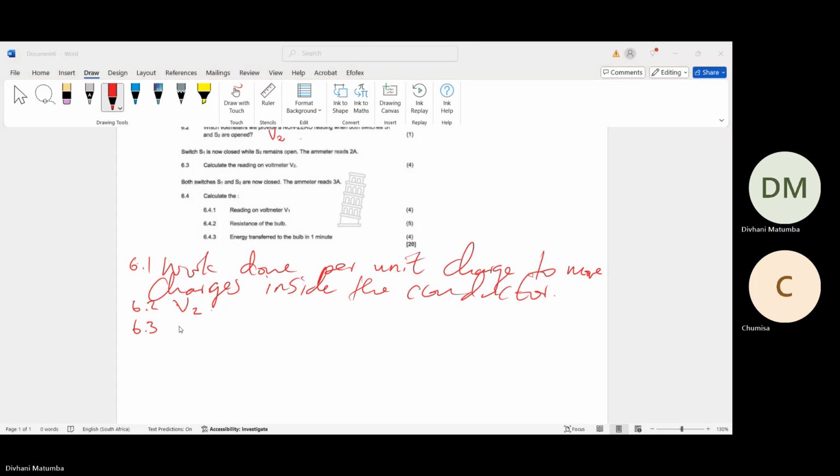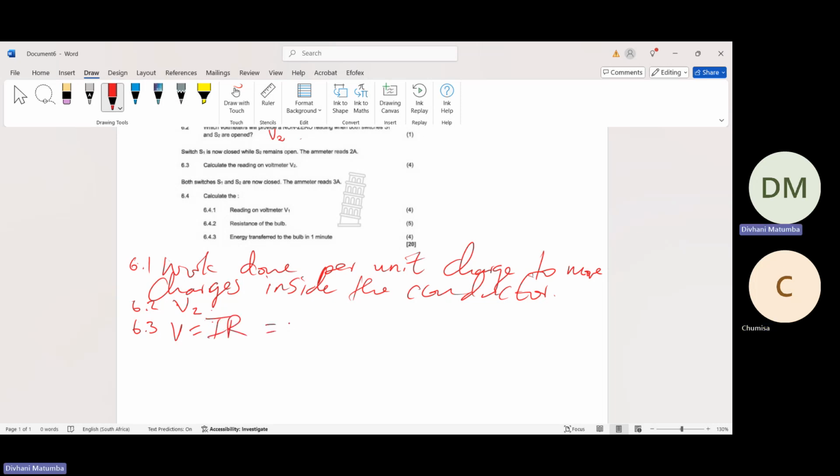Okay, so they want us to calculate voltage? Yes, sir. So according to Ohm's law, V equals I times R. Okay, perfect.